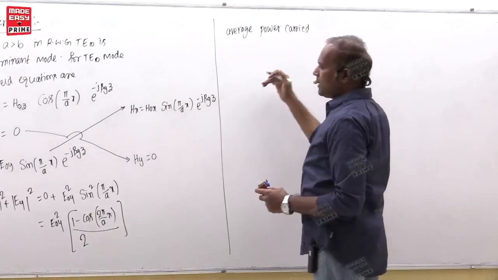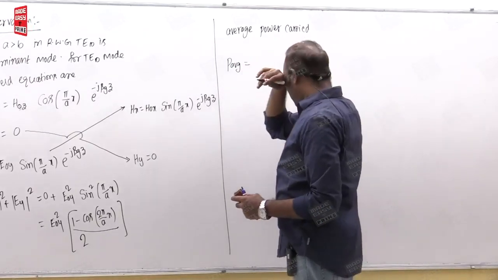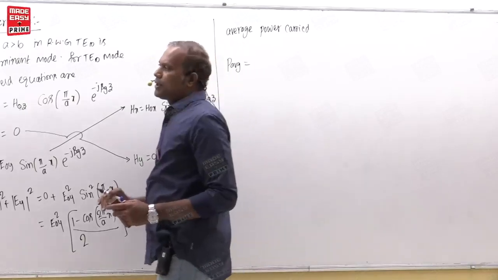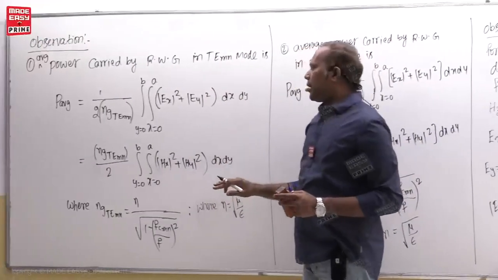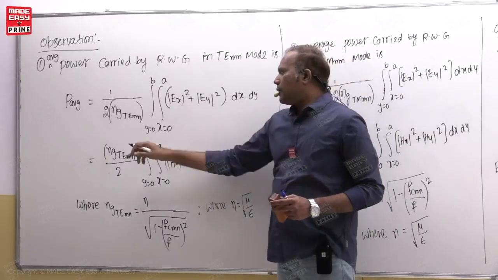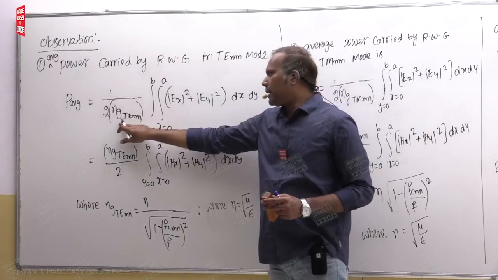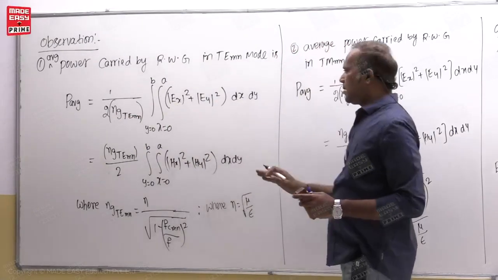So average power carried is P_AVG. Dear students, the formula used is this one. This is the TE mode we are talking of, so for the TE mode we use the electric fields, and it is 1 by 2 eta_g TE10 mode, then this integral dx dy.